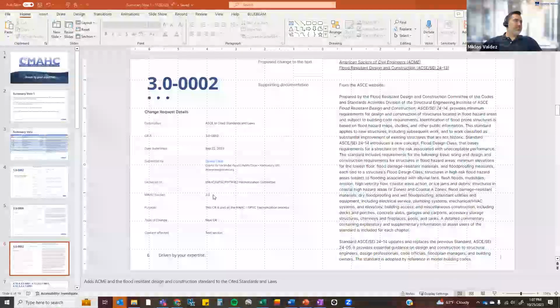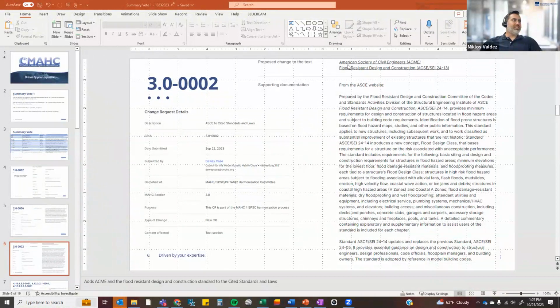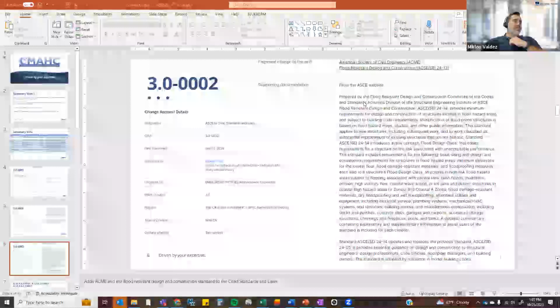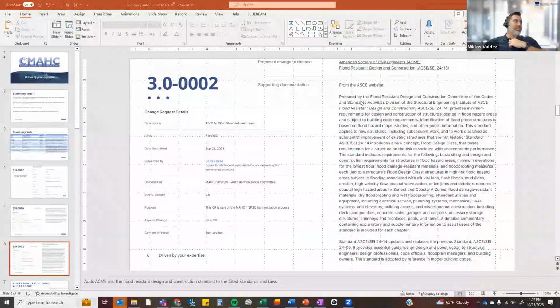This is part of section 3, which is just a list of cited laws and standards that are part of the MAC. This is submitted on behalf of the Harmonization Committee. It adds the American Society of Civil Engineers and Flood Resistant Design and Construction, which goes along with that first one we talked about. Yes, Sarah.